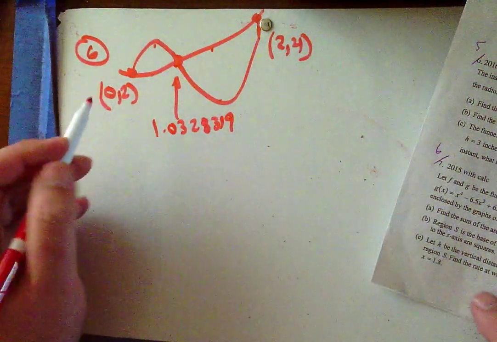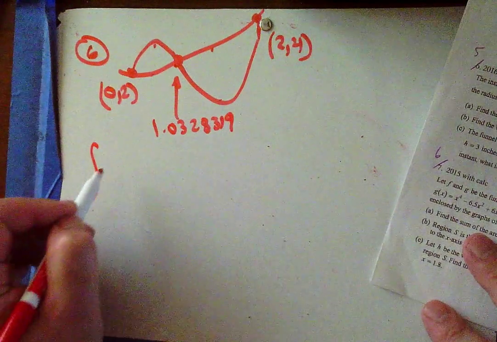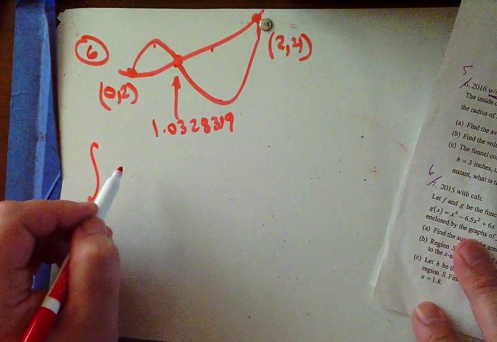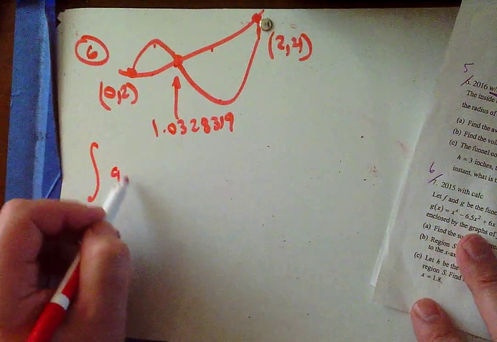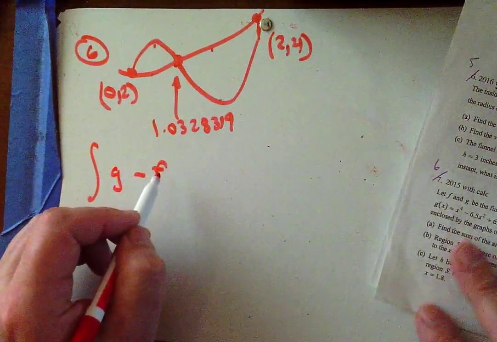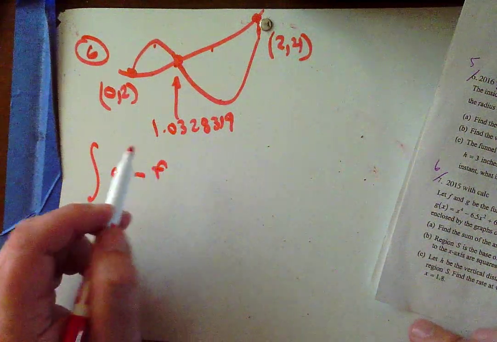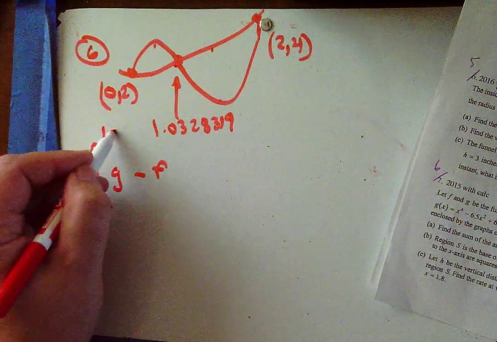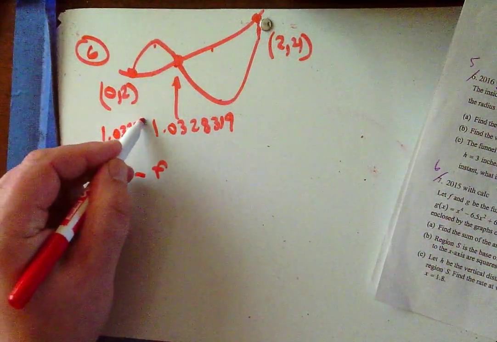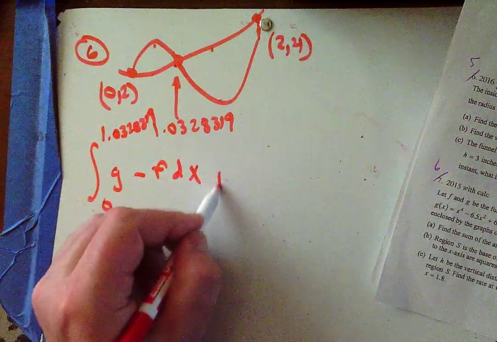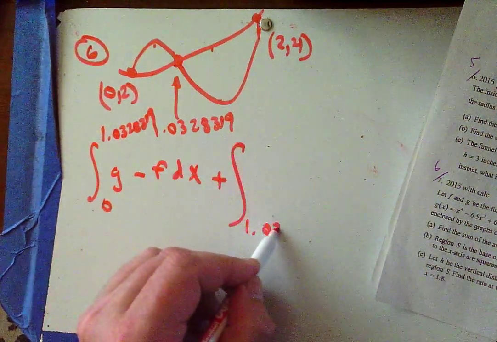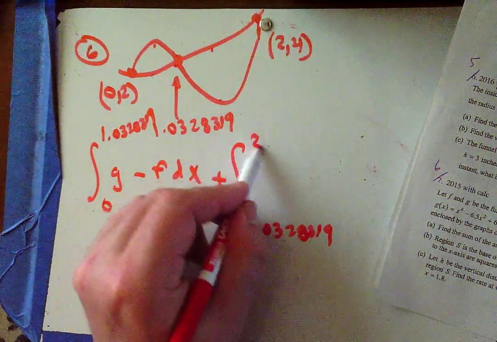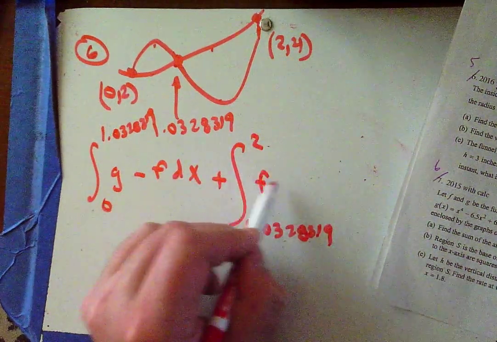So part A for me then is the function on top is the polynomial function minus that strange e to the x kind of function, and I'm going to do that from 0 to 1.0328319, plus the integral from 1.0328319 to 2 of f minus g.